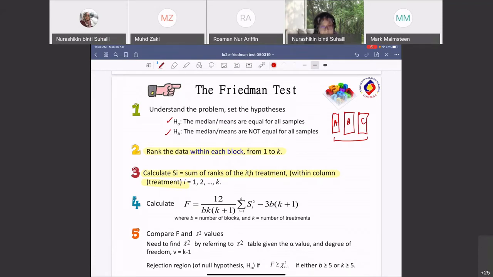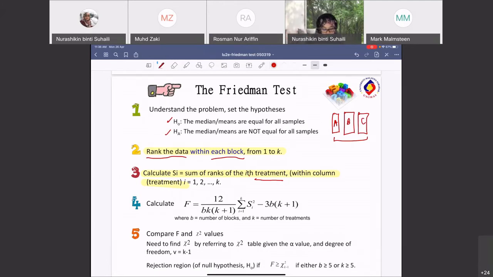And then the third step is to calculate the sum of ranks within the treatment. Okay, within the treatment. So please take note here, rank the data within each block. So unlike Kruskal-Wallis, where you have to combine all the data and rank from the lowest to the highest, for Friedman test you just rank according to the block, which is actually much easier.